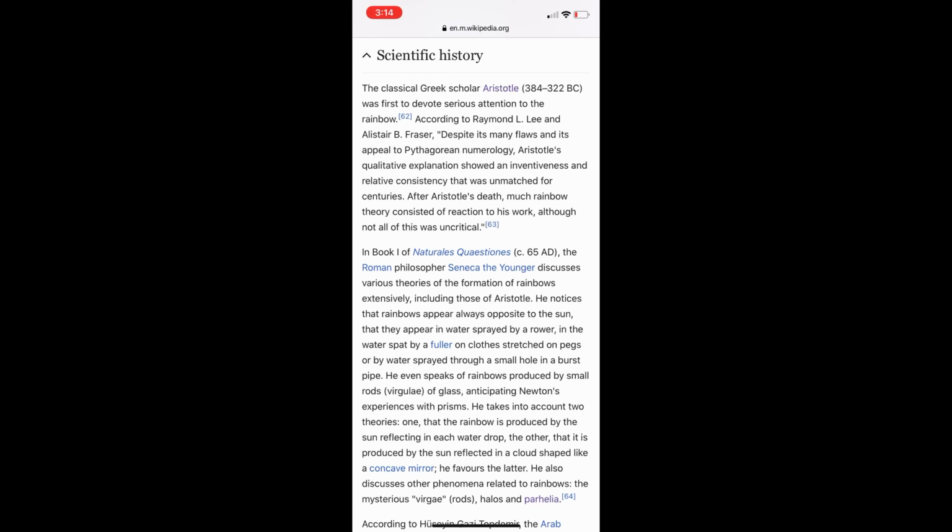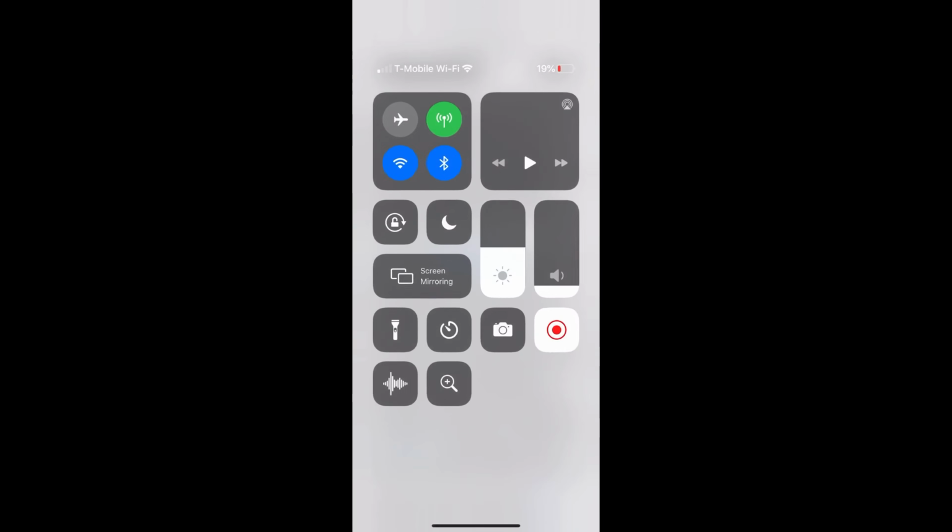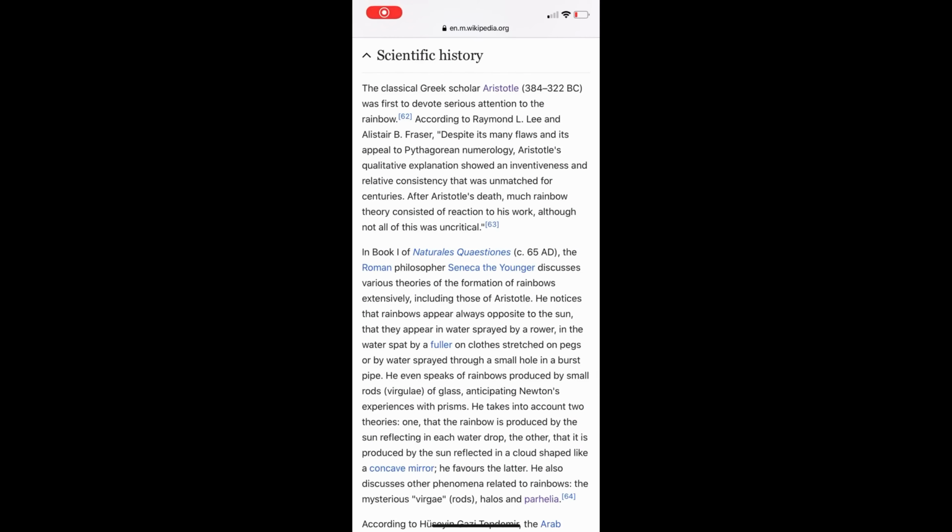In Book 1 of Naturales Quaestiones, written 65 AD, the Roman philosopher Seneca the Younger discusses various theories of the formation of rainbows extensively, including those of Aristotle. He notices that rainbows appear always opposite to the sun, that they appear in water sprayed by a rower, in the water spat by a fuller or enclosed stretched on pegs, or by water sprayed through a small hole in a burst pipe.